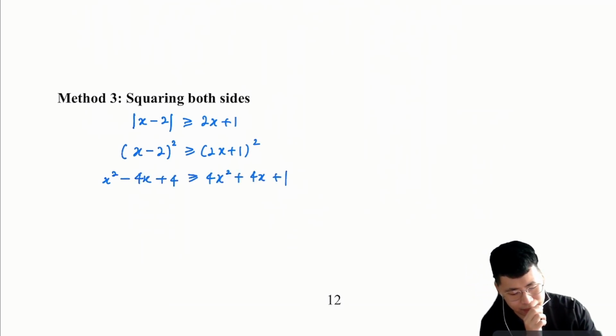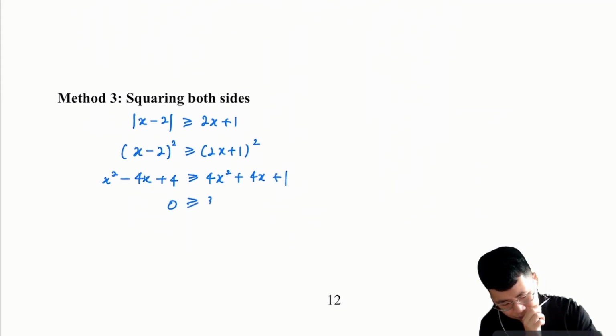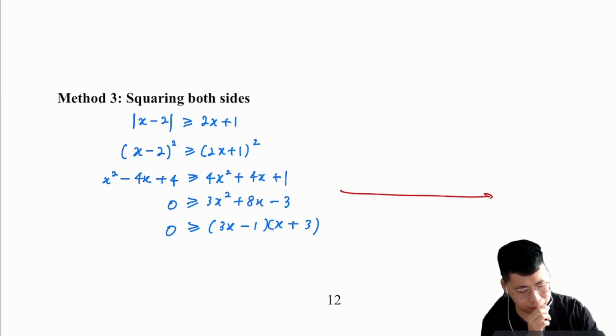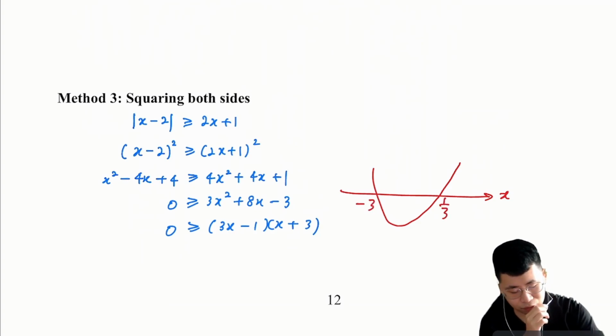After expanding all this, I will move everything to one side, and after this I will factorize. Now it will be very tempting to do this, because it really looks like something that we've solved before, correct?